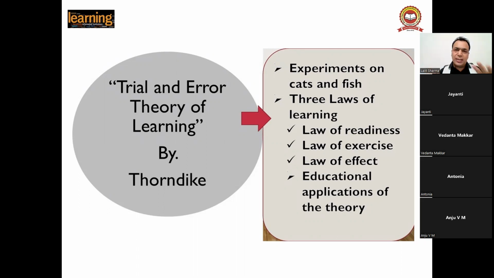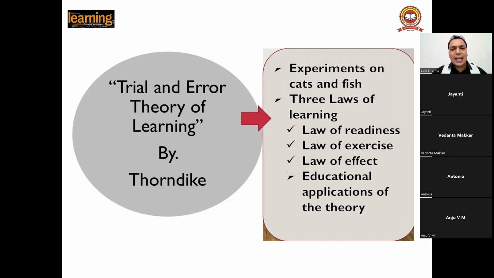This is important in Thorndike's theory of learning. And the most important thing is educational implication, right guys? Whatever you are learning, whatever is coming in your mind, you should know the educational implications of that particular thing, right guys?